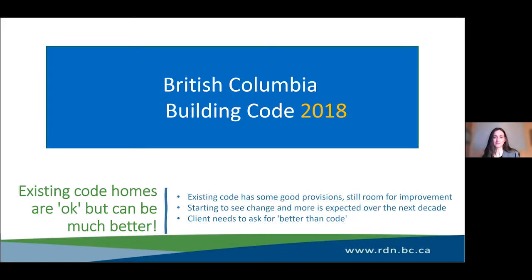So this is starting to change, and we are seeing some decent change happening. We will see significant changes to parts of the BC building code over the next 10 years or so, particularly around energy performance. But the takeaway is that if you as a client don't ask for more, you will get a code built home and maybe miss out on some opportunities.